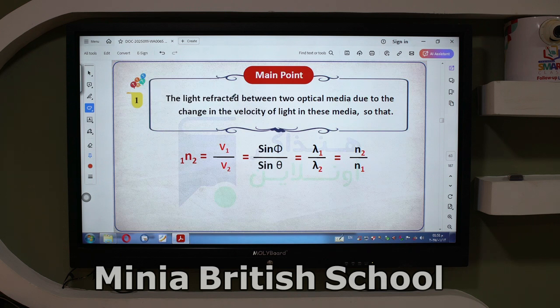The light refracts between two optical media due to the change in the velocity of light.